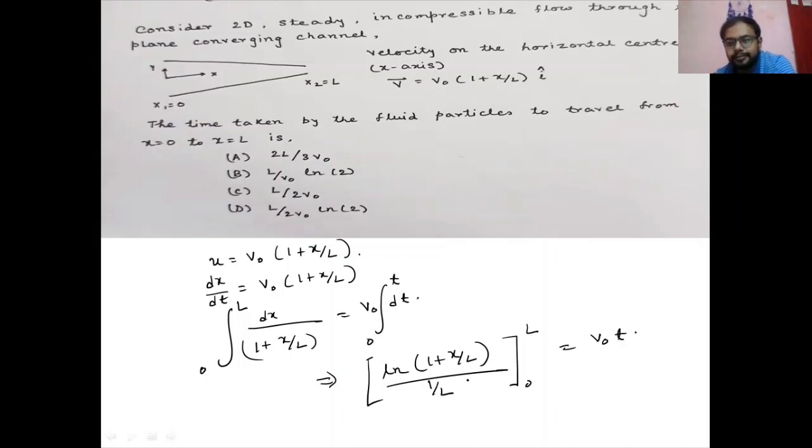So L log 2 divided by v0 is equal to t. So L by v0 times ln 2 is the answer, the time required for this purpose.